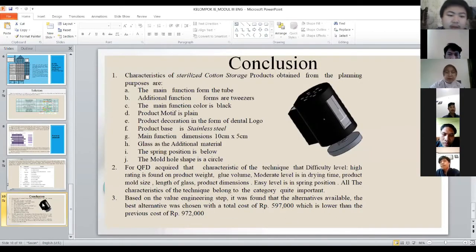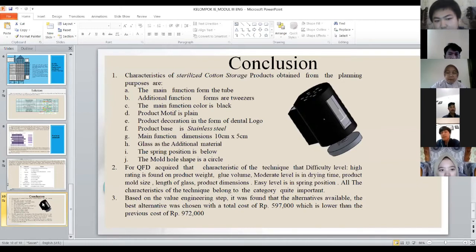The first reason we changed the color from silver to black is because of the questionnaire that we shared with Rumah Sakit Gigi dan Mulut, University of Sumatera Utara.